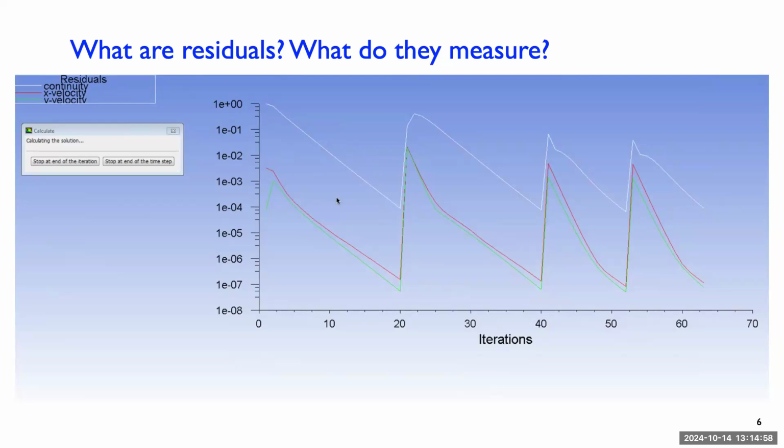So these residuals or scalar residuals, we'll see in these slides, are a measure of this iteration error. So this iteration error is a type of numerical error. And essentially, when we set up these solvers, we're saying that we want it to be 1e-4. So when they get to 1e-4, that's small enough, we think, for our problem. Then you can go to the next time step.